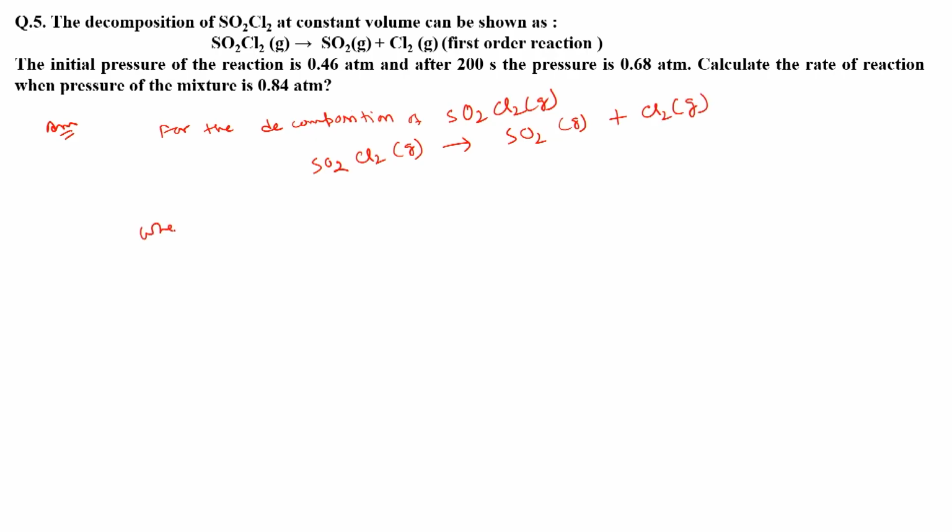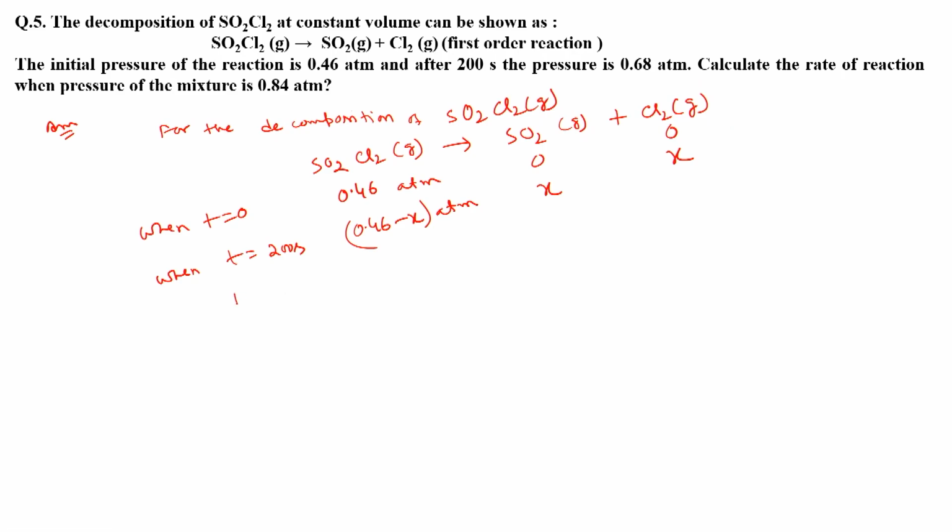When T is 0, the starting, initial pressure, if we say this is 0.46 atmosphere, and this is 0 and this is 0. When T is 200 second, total pressure is 0.68 atmosphere. So, we need to consider that X amount is broken. So, 0.46 minus X atmosphere here. So, here you get X, there you get X.